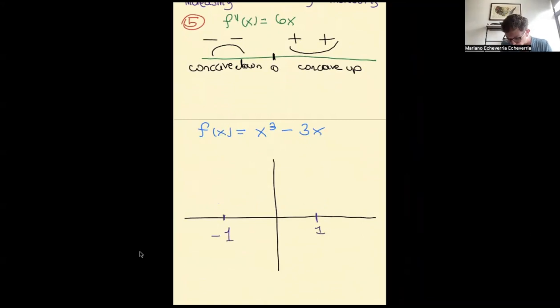Okay, and what are the values for the function there? At 1, the function has value 1 minus 3, so that's -2. And at -1, the function has value -1 plus 3, so that's 2.